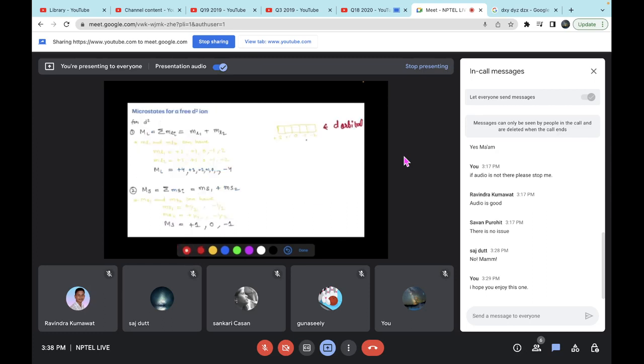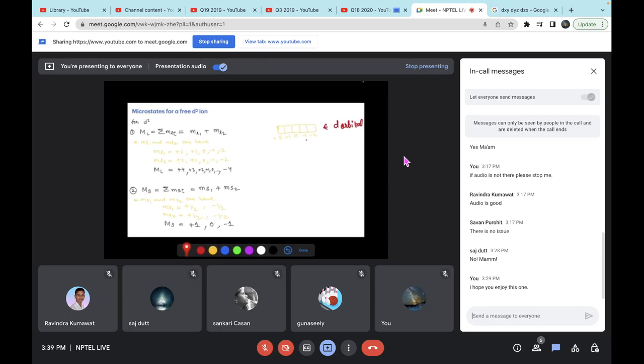Now, to calculate the microstates for a free d2 ion, we first have to obtain the total orbital angular momentum quantum number and total spin quantum number.